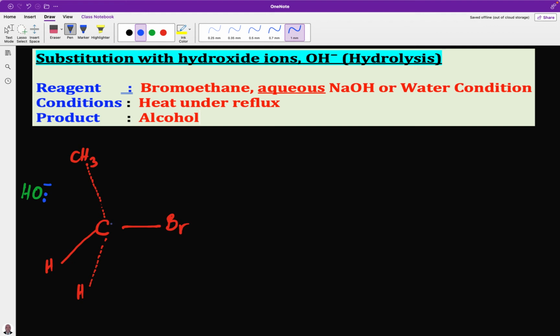Remember, it's a polar molecule, with a partial positive carbon and a partial negative bromine. What happens?